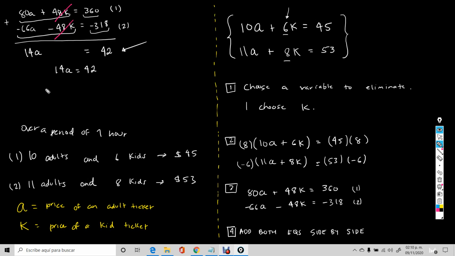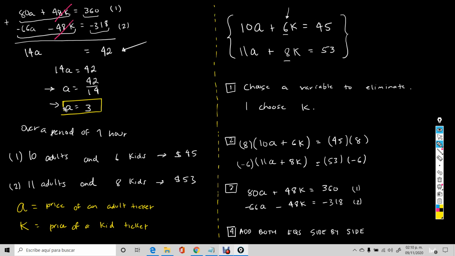Okay, how do we solve it? We just divide both sides over 14, and there you go. You get 3. A equals 3. We have found one of our variables.